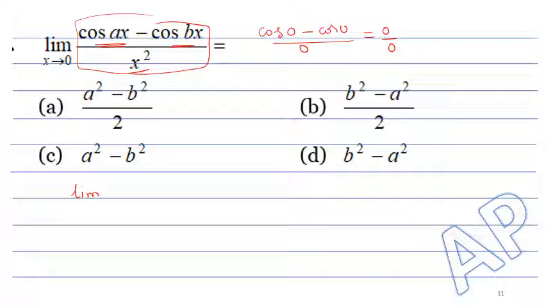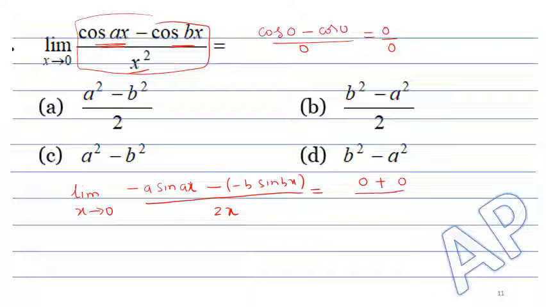using L'Hopital's rule. So that is the limit as x approaches 0 of the derivative of cos ax, which is minus a sin ax, minus the derivative of cos bx, which is minus b sin bx, divided by 2x. Derivative of x square is 2x. As x approaches 0, we get 0 minus of minus plus 0 here by again 0, which is 0 by 0 form.